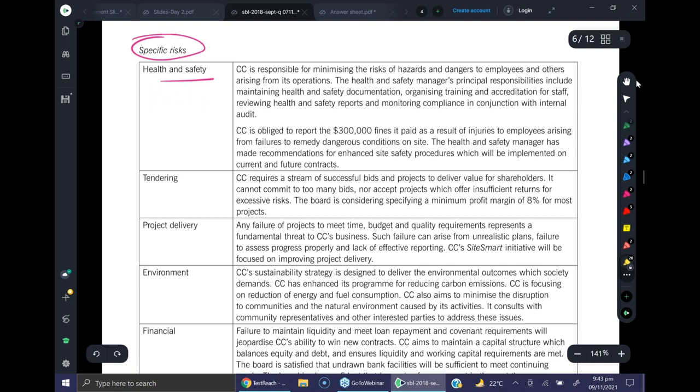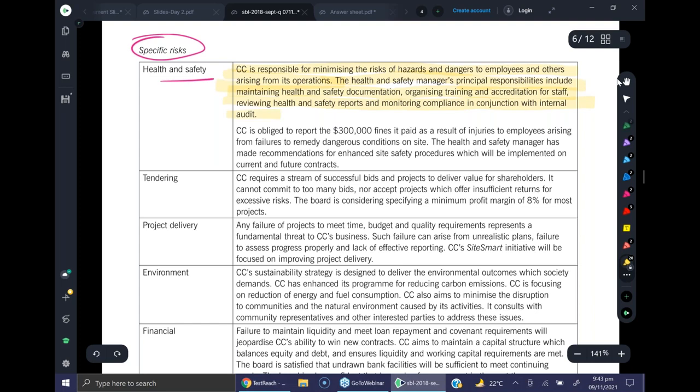So health and safety risk. CC is responsible for minimizing the risk of hazards and dangers to employees and others arising from its operations. The health and safety manager's principal responsibilities are to maintain health and safety documentation, organize training and accreditation for staff, review health and safety reports, and monitor compliance in conjunction with internal audit.